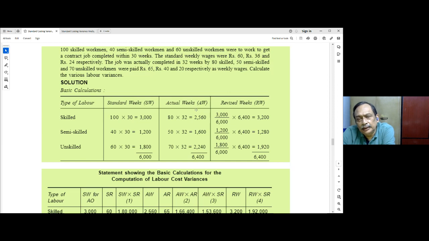Remember here, standard weeks is 30 weeks and actual weeks are 32. These are not the same. Hence, at the first instance, we are going to calculate, with reference to each grade of labor, standard weeks that is SW, actual weeks that is AW, and revised weeks that is RW.